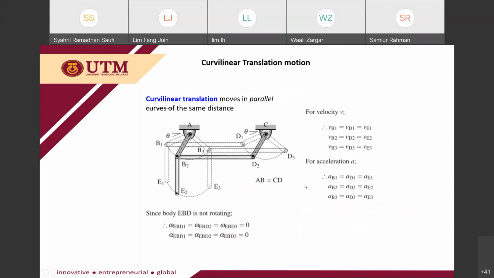Okay, for curvilinear translation, you may notice the same thing: all the points move along parallel curves of the same distance, usually for a swinging component. For this case, we have a rod here, the swinging component of a rod.